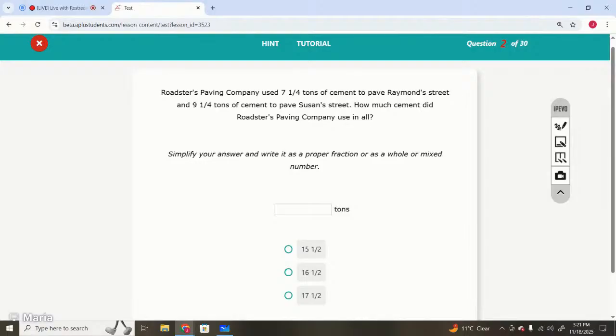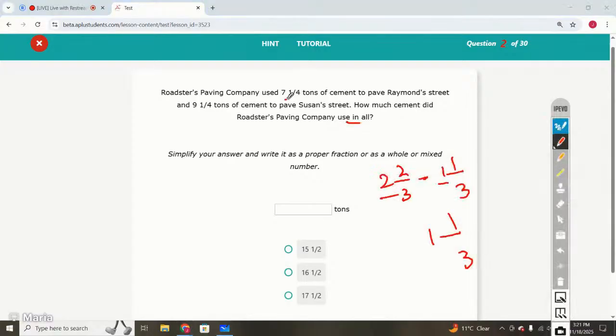How much cement did Roadsters Paving Company use in all? So you need to add 7 whole 1 by 4 and 9 whole 1 by 4.